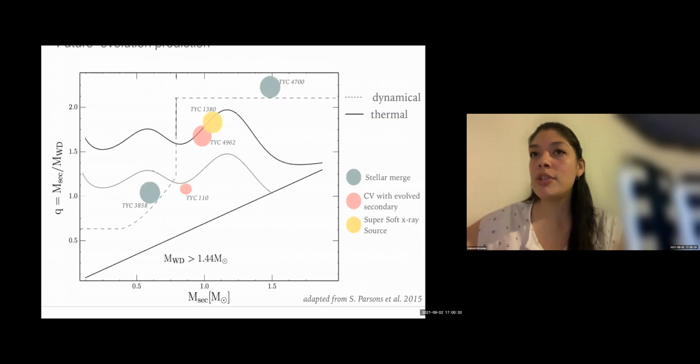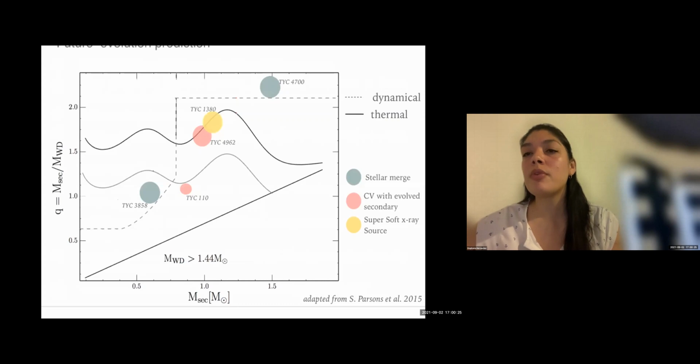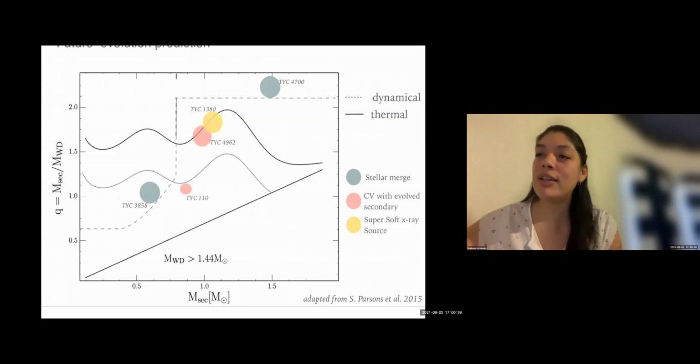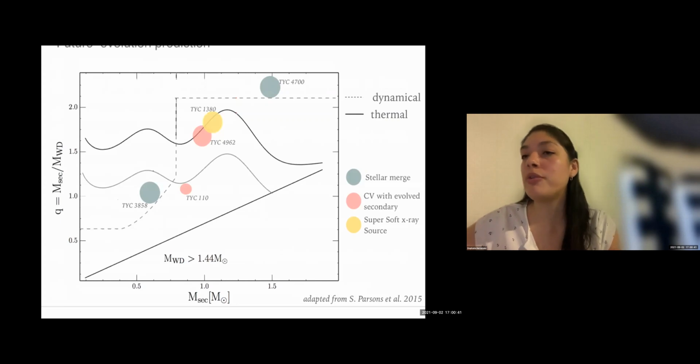This means it will experience thermally unstable mass transfer, and the white dwarf will increase its mass, but then it will evolve into a normal cataclysmic variable with a slightly more massive white dwarf.